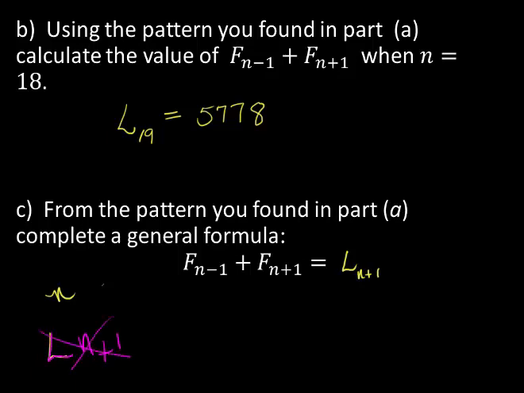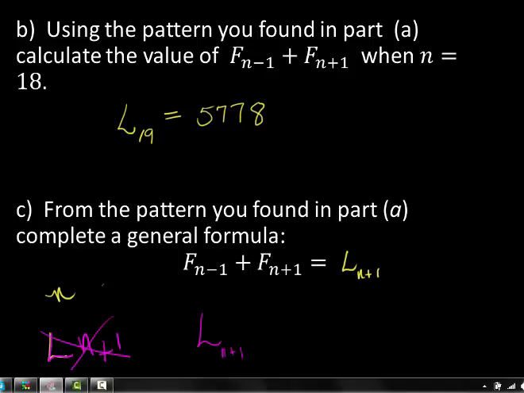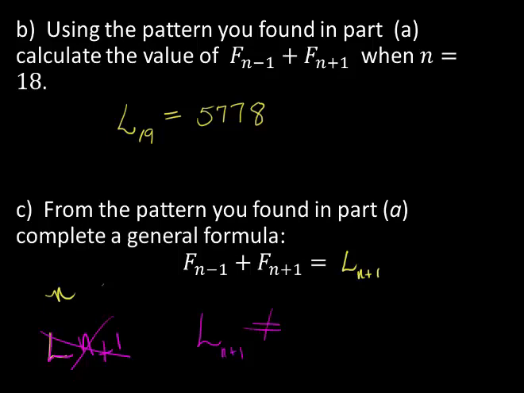That's not right. I want L, and then the subscript tells me which one we are looking for. It is not the same thing as L sub n, plus 1. They are not equal. This is what you want. The 1 is added inside the subscript.